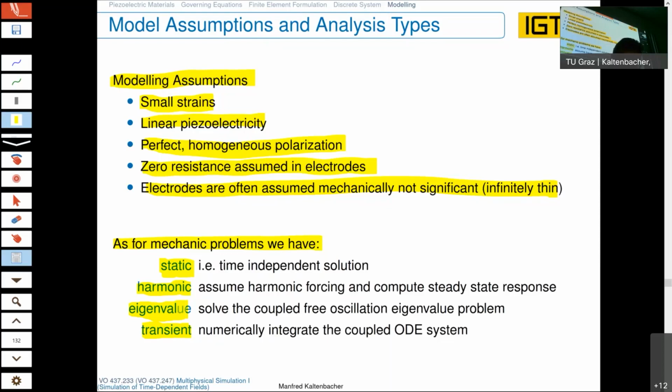Perhaps you want to do the sensor or even an actuator at the resonance frequency, then you want this resonance frequency to be a coupled resonance frequency and not a pure mechanical resonance frequency. That would make no sense.